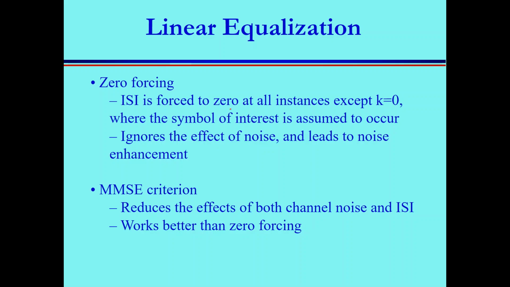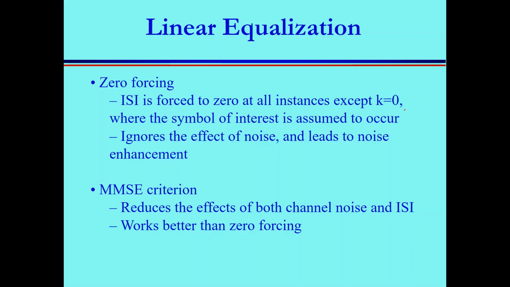Zero forcing, as we said, tries to force the channel interference to zero. Intersymbol interference is forced to zero at all instances except k equals 0. Why k equals 0? Because we don't have interference at k equals 0, the time you receive your desired data.